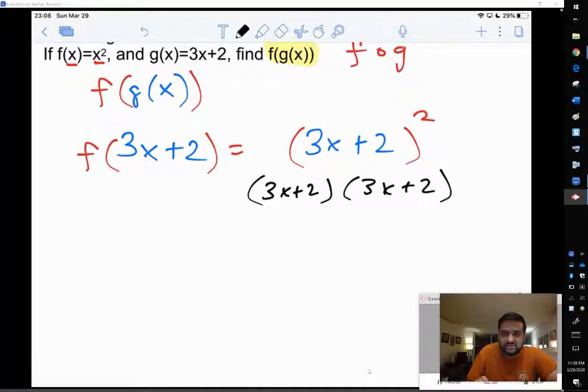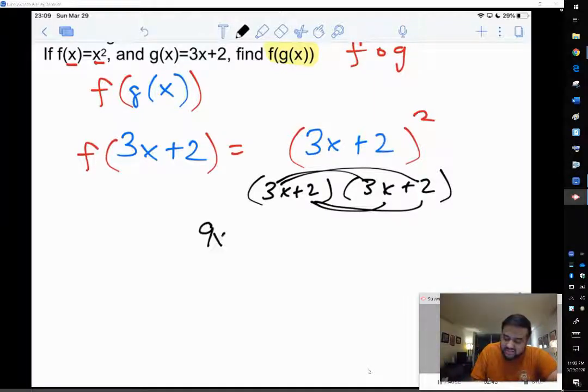Some of you may know this as something called FOIL, first, outer, inner, last. Whatever you know of it as, we're going to expand this by distributing 3x to both parts and plus 2 to both parts. So that'll give us 9x squared for this first portion, 3x times 3x. 3x times 2 is 6x.